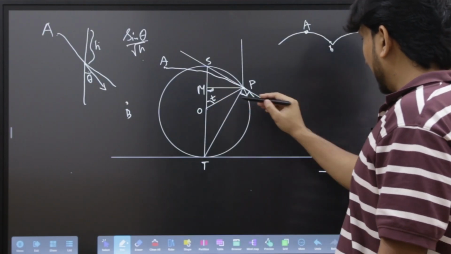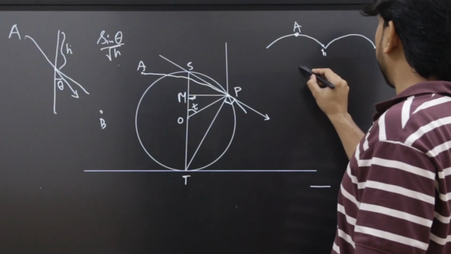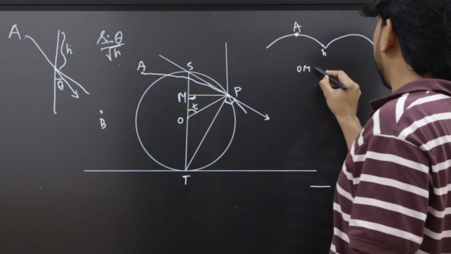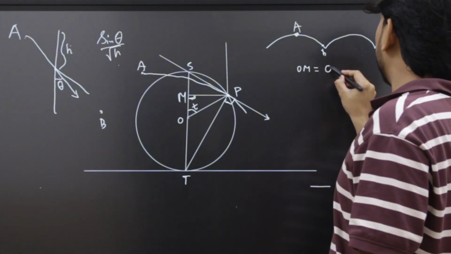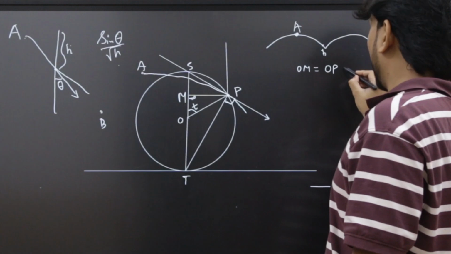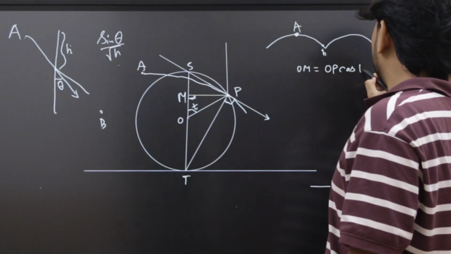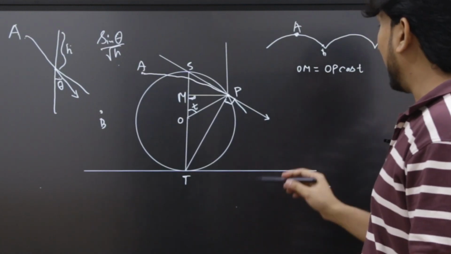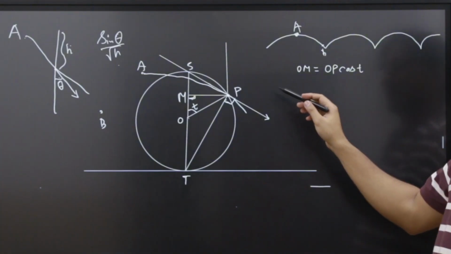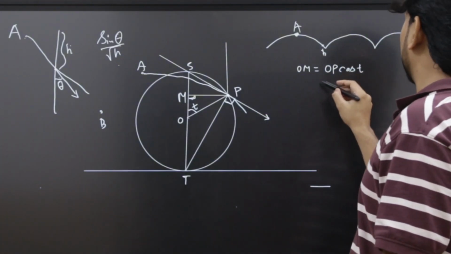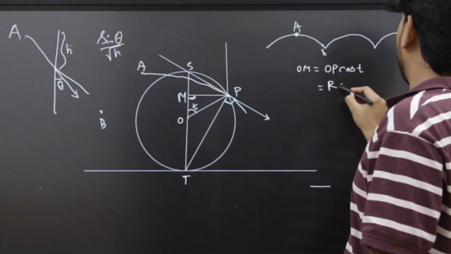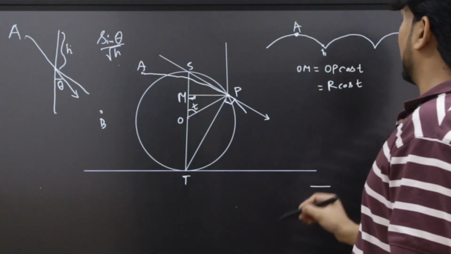That means OM is equal to OP cos T, and OP is the radius of the circle. Let's call it R. R cos T.